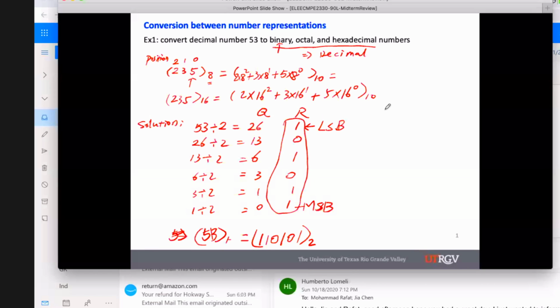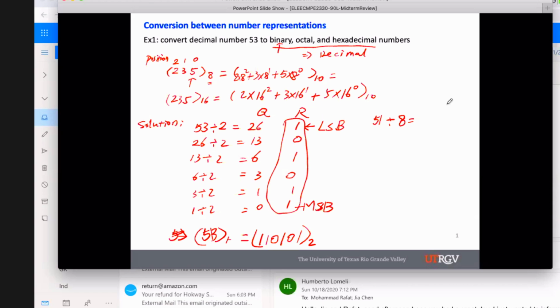What I meant is, we did this in the class, 53 over 8.